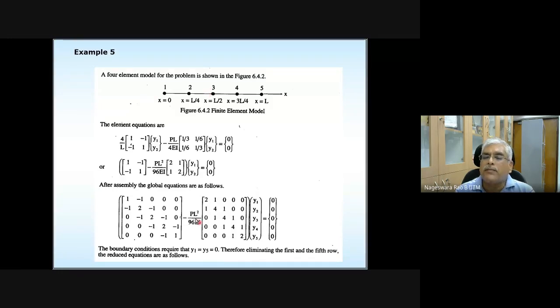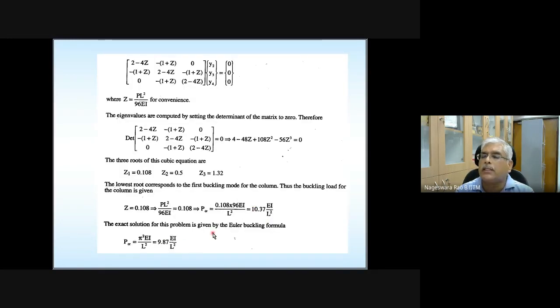And the size of your equation system is going to depend only on the number of nodes. So what I'm saying is, instead of 4 2-node elements, if I adopt 2 3-node elements, how is the solution going to be? One way of achieving convergence is to increase the number of elements.